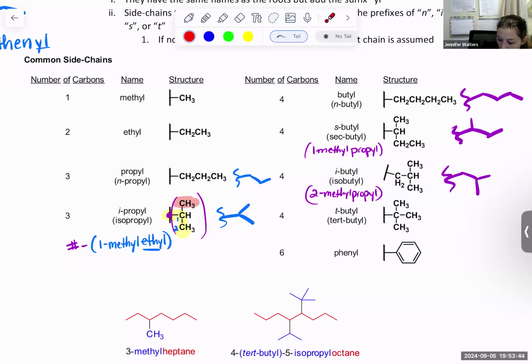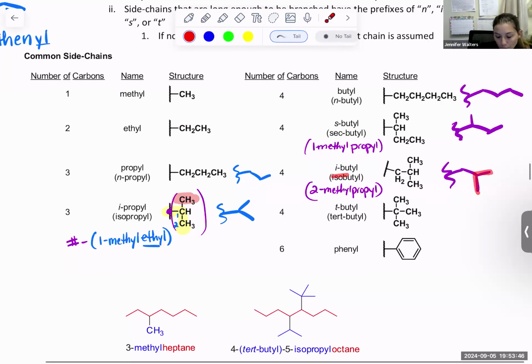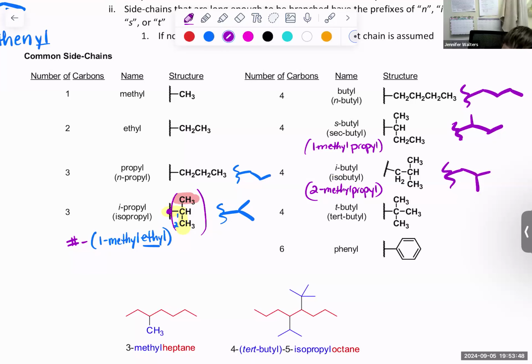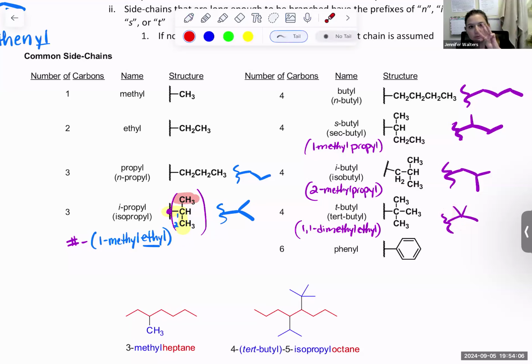And again, we're seeing that Y shape. So that's the iso. Tert-butyl is going to be a 1,1-dimethyl ethyl. And it looks like that little 3 lines sticking out from the center. Phenyl is when you have a benzene coming off. So to represent the benzene as a substituent, you would call it a phenyl.